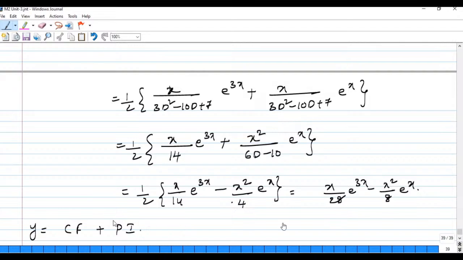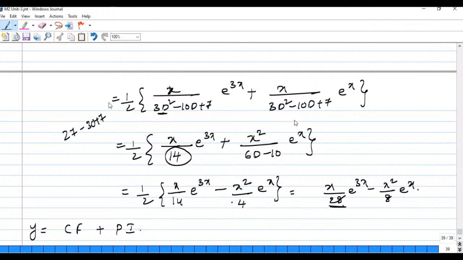Ma'am, it is 24, not 14. 3D square minus 10D plus 7: 9 into 3 is 27, minus 30 plus 7 is 4.